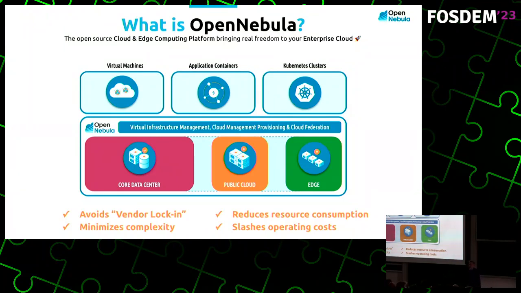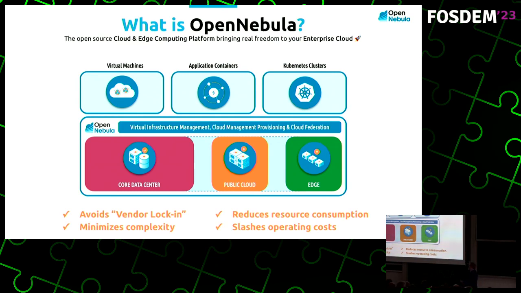OpenNebula was born around 14 years ago as a solution for private cloud computing, for on-premise, and evolved during the last years, and now we provide a solution that allows you to manage different types of workloads, going from virtual machines to application containers to Kubernetes clusters, along what we call today the data center cloud edge continuum. So you can have resources on-premise, on public cloud, or on far edge, and so on.